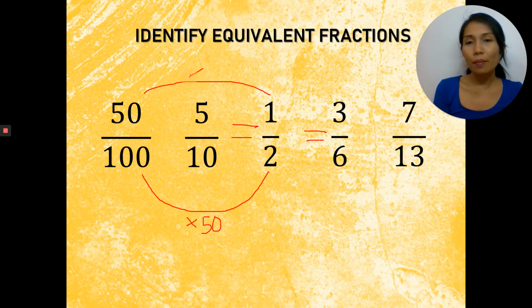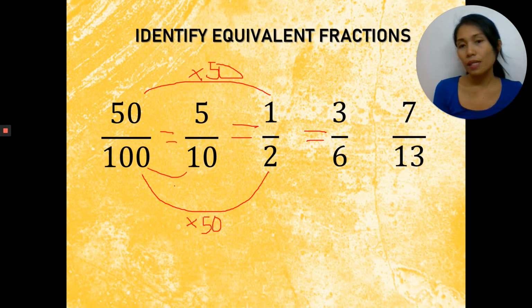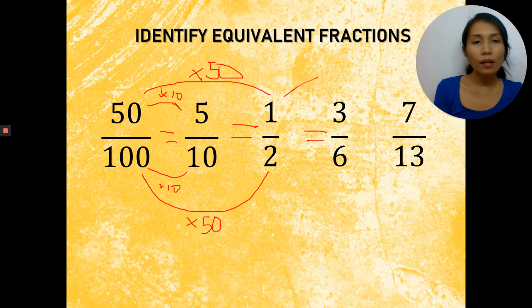Now you multiply above by 50. 1 times 50 equals 50. So that means they are equal. Really good. Even this, if you try, they are equal. 10 times 10 equals 100, 5 times 10 equals 50.